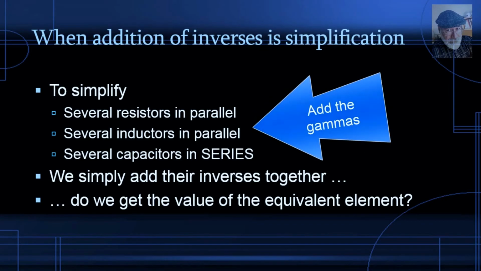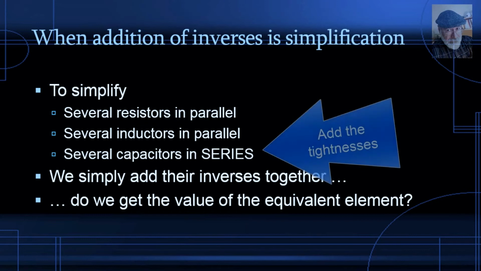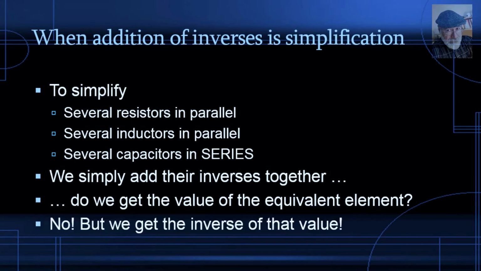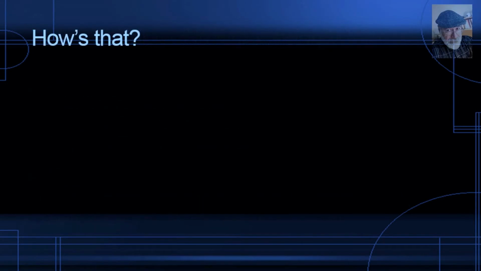If we add together the gammas of several inductors in parallel, we get the gamma of the equivalent inductor. If we add together the tightnesses of several capacitors in series, mind you, we get the tightness of the equivalent capacitor. So you want some examples?